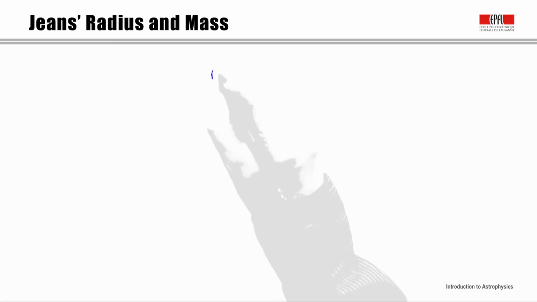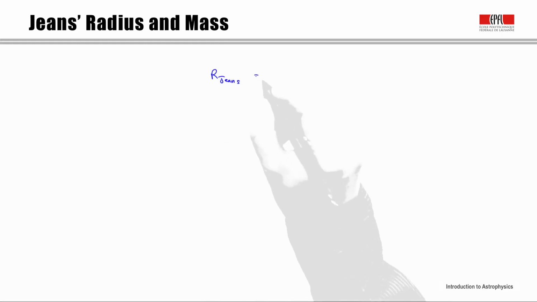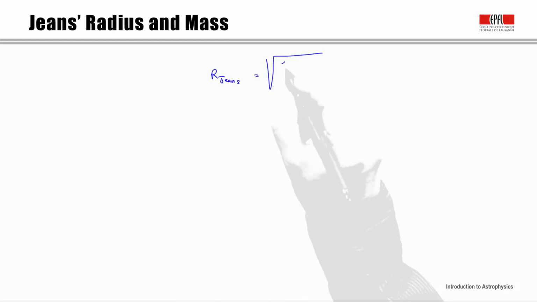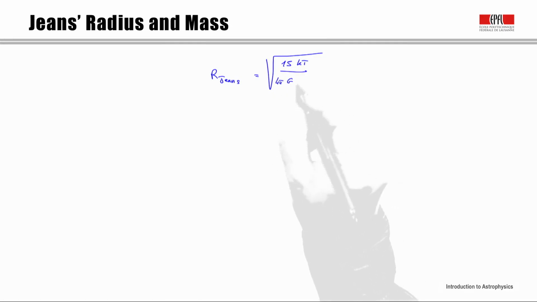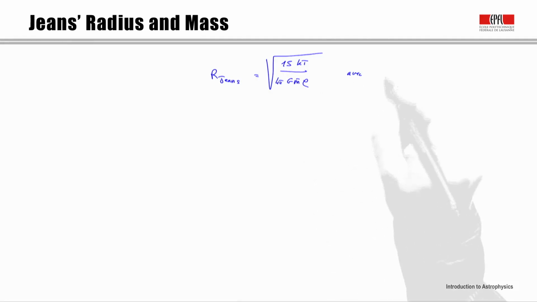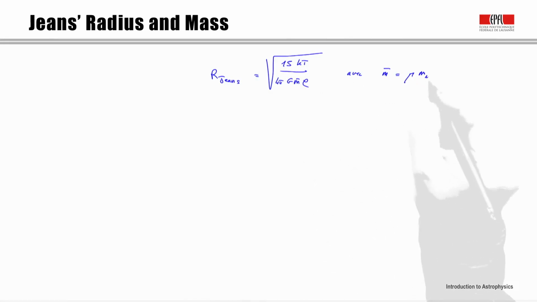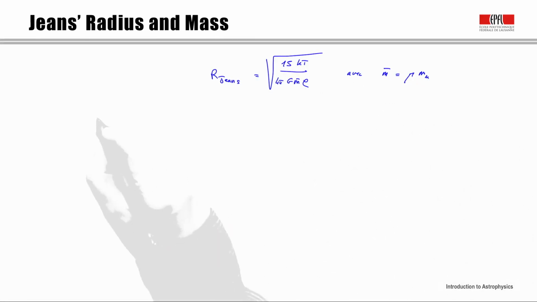The radius we just defined is called Jeans length, named for the astronomer who first introduced it. It is the square root of 15 kT divided by 4 pi G m_p rho. This length is the minimal radius from which the gas cloud collapses at a constant density.